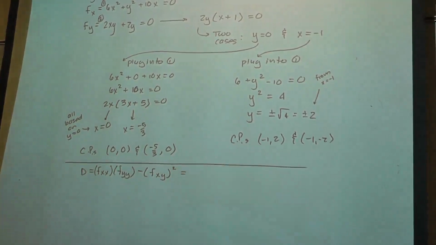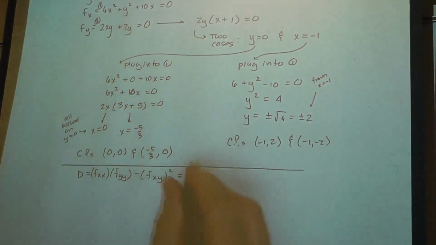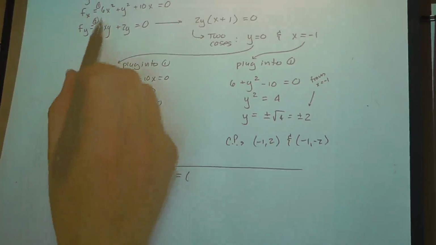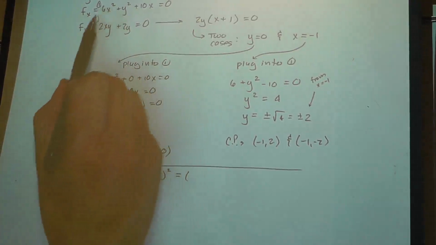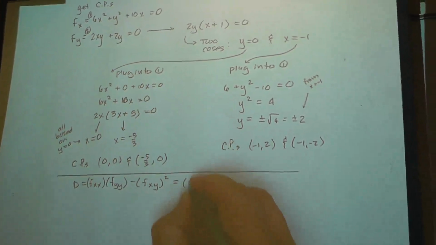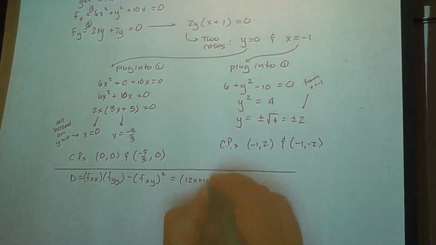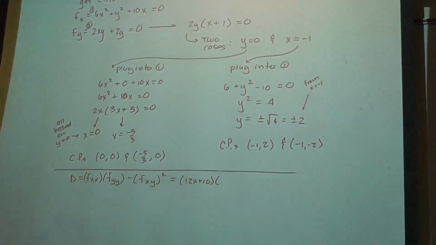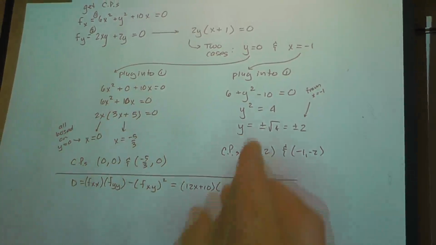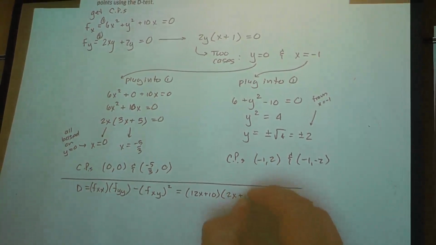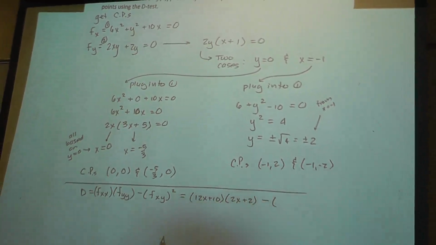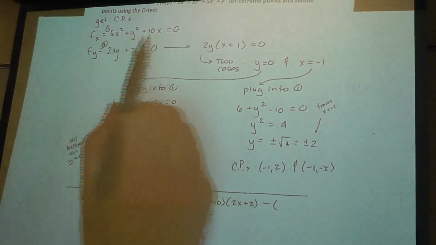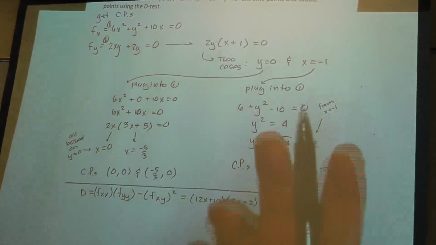In this case, you've got to be careful, it's a binomial. The second partial with x is actually 12x plus 10, times fyy, which is 2x plus 2, and then the mixed second partial, taking this partial with respect to y now, would give you just a 2y.